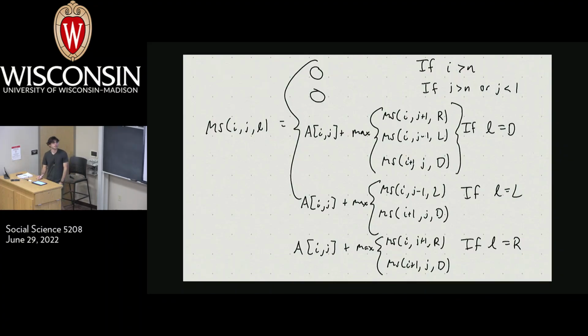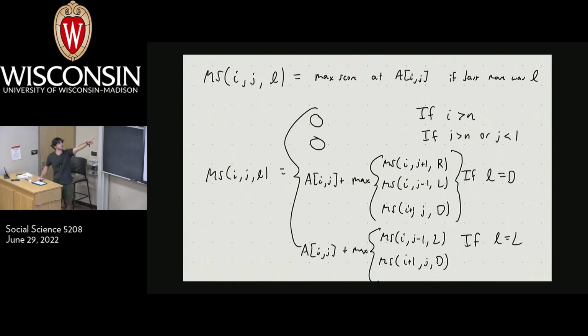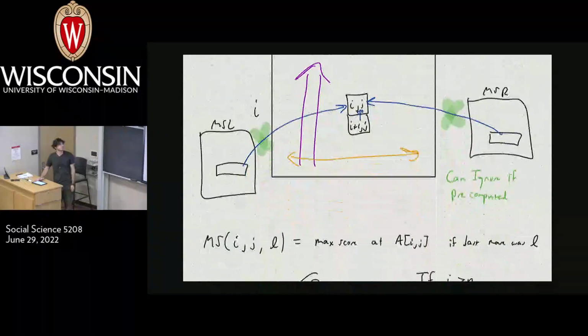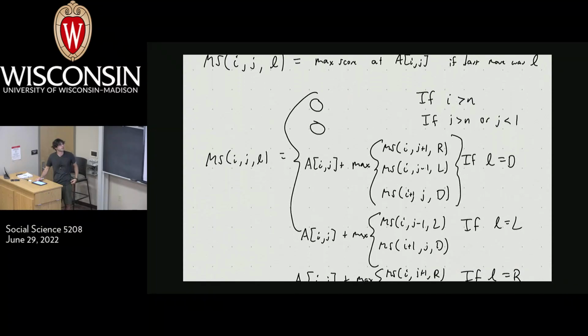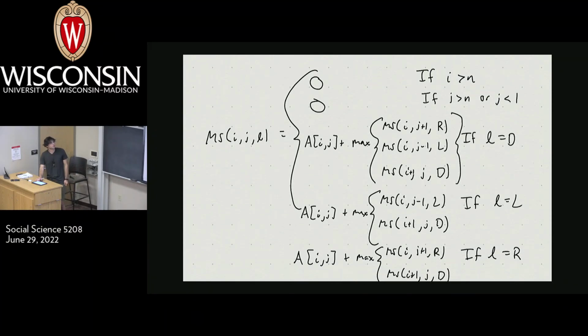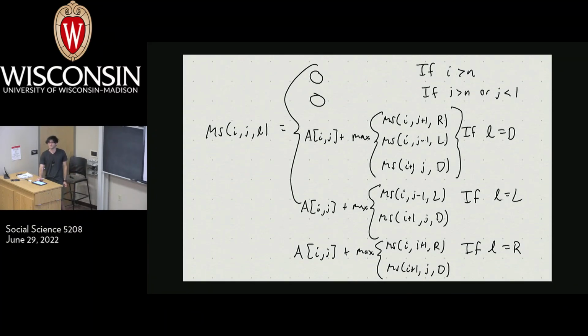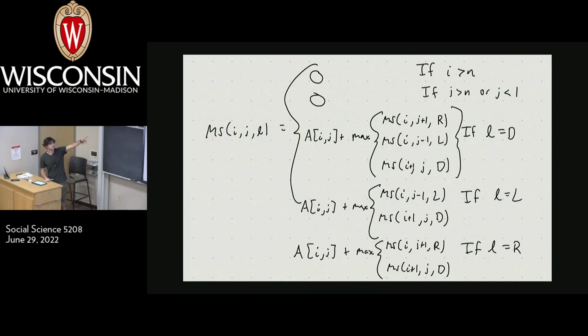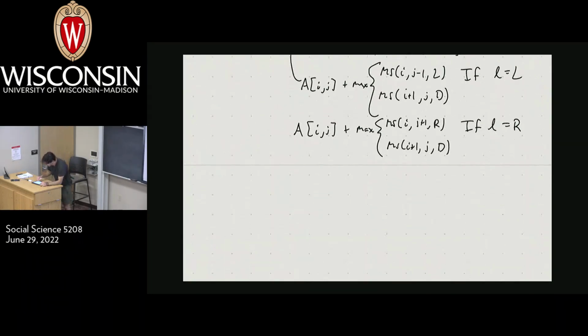So this is an alternative way you can do the same thing if you prefer adding a parameter instead of using multiple functions. It's really up to you. Everyone has a different preference. Now the downside to this one is the picture is 3D. But you can usually ignore that because how many values can L take? 3, so it's constant. So what's the number of subproblems?